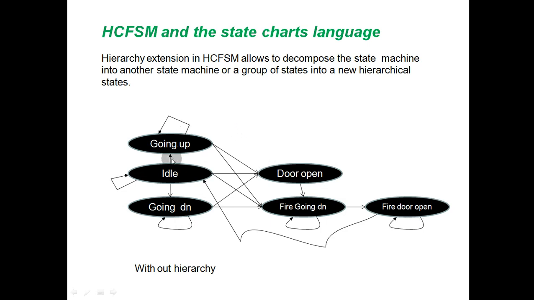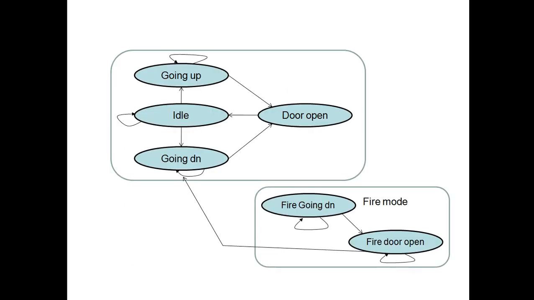So this is clearly a haphazard pictorial depiction where we don't have any hierarchy. Now, if we use the hierarchy extension of FSM, it will provide us the statechart language, and it will help us to organize the whole state machine data flow. Let's go to the next slide.